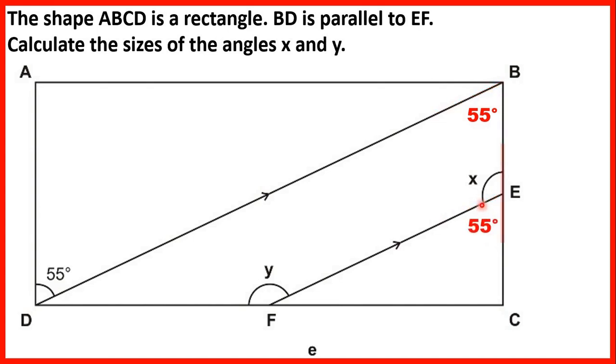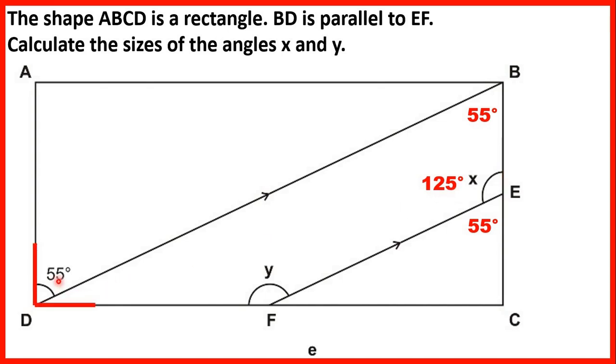So now we can work out angle X, because we have angles on a straight line, and angles on a straight line add up to 180. So we have 55 plus X is 180, and that means X is 125, because 180 minus 55 is 125.